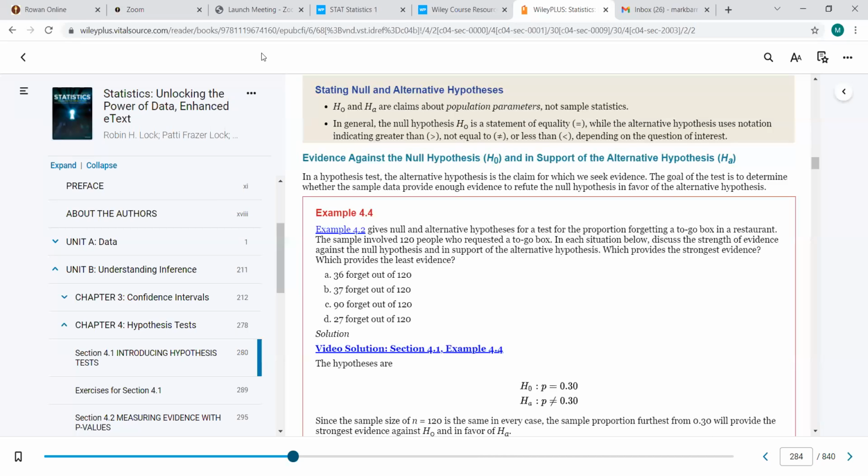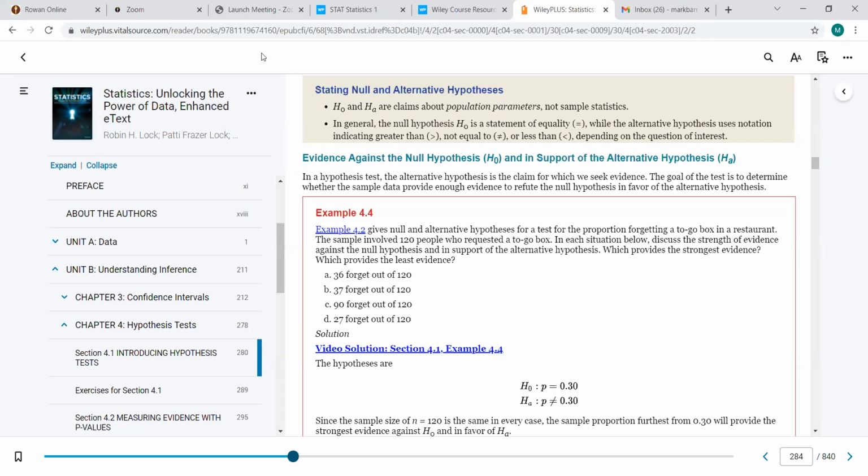Person who was answering the question, you have a calculator right near you. I'm actually doing the same thing here. 27 divided by 120, what did you get? 0.225. All right. Now, that is somewhat different than 0.3, correct?